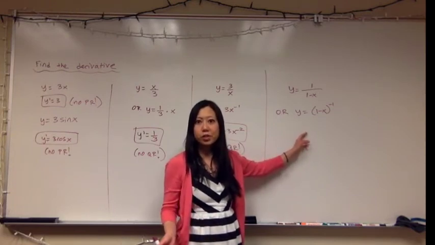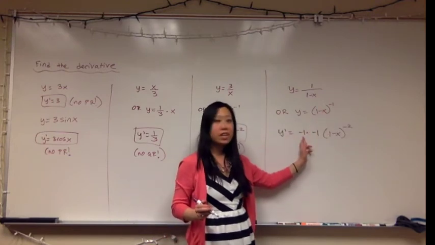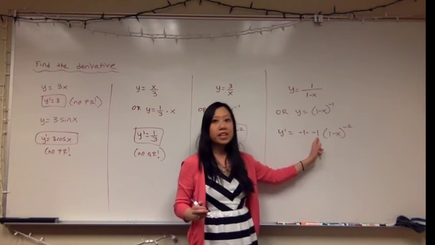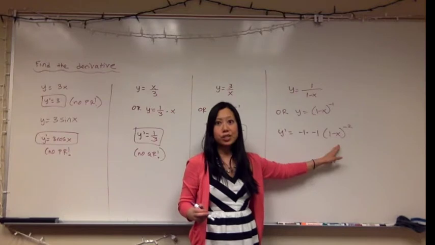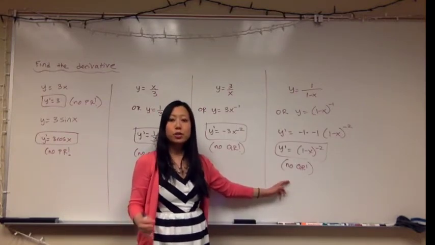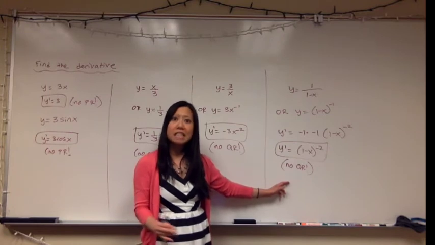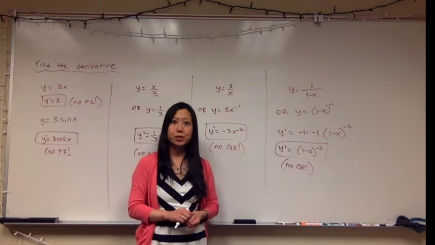It's much easier than quotient rule. I take the derivative of the inside, which is negative 1, I pull down the exponent, another negative 1, and then I subtract 1 from this exponent. And now I just simplify. So again, you're welcome to use quotient rule if you want, but try to find ways to do things as efficiently as possible. Here you can just do this so that you don't have to use quotient rule.